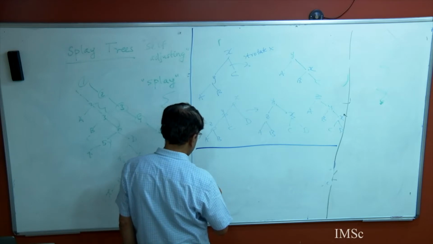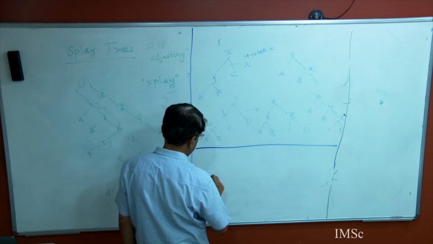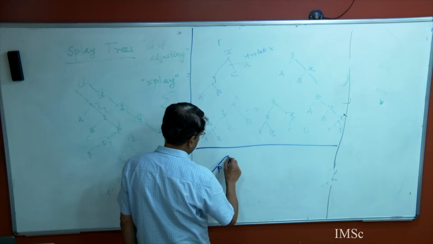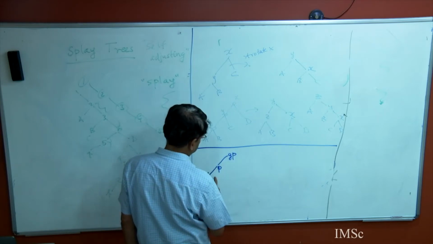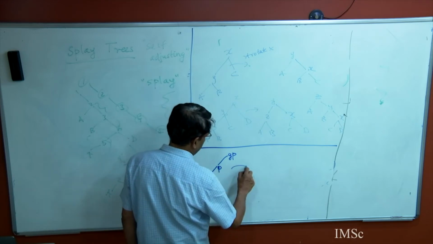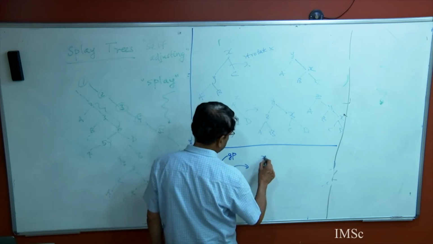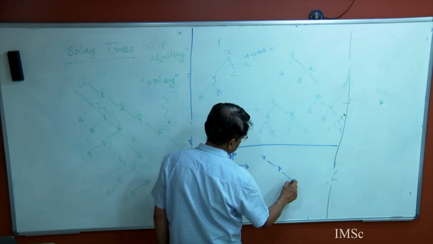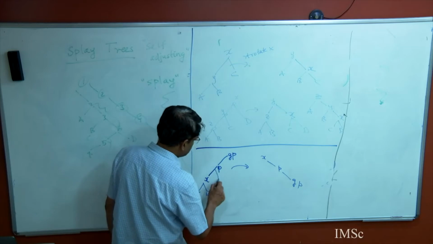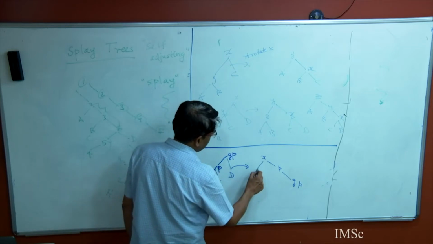X is the node I'm splaying, and this is Y. Let's call it P, and look at the grandparent, GP. If it is of this shape, then I will rotate it to look like this. Of course, the subtrees have a unique place to go, which they will.